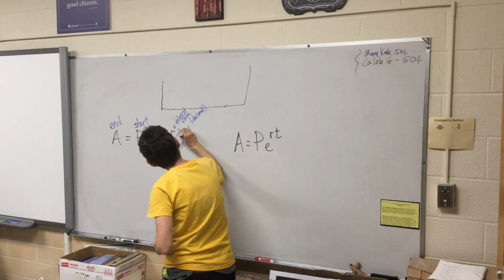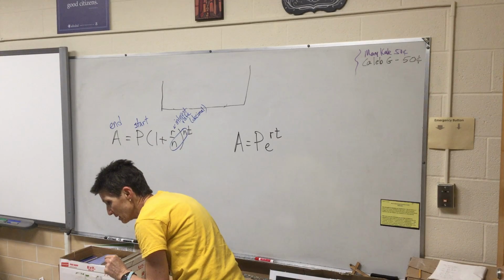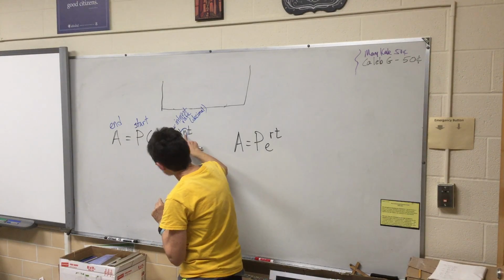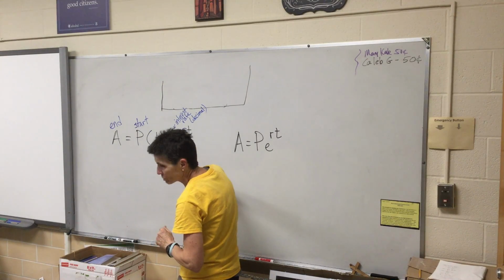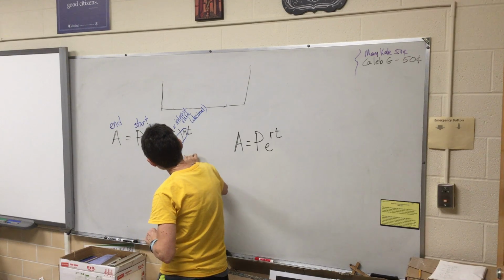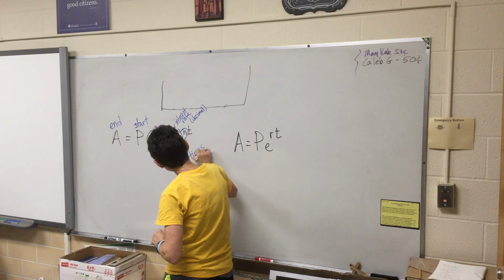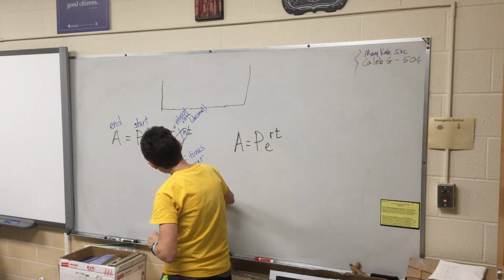N is the same number in both spots. You don't put a 3 here and a 6 here or something. Whatever N is, that's what it is, and it goes here in both spots. N is the number of times per year that we compound.